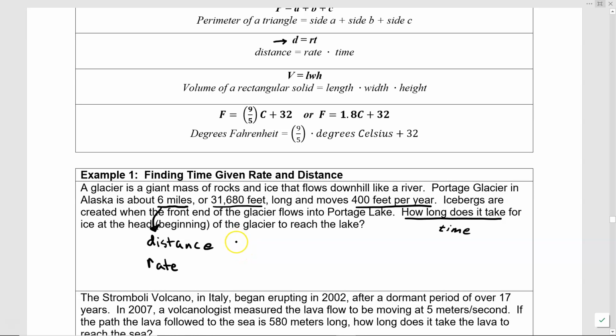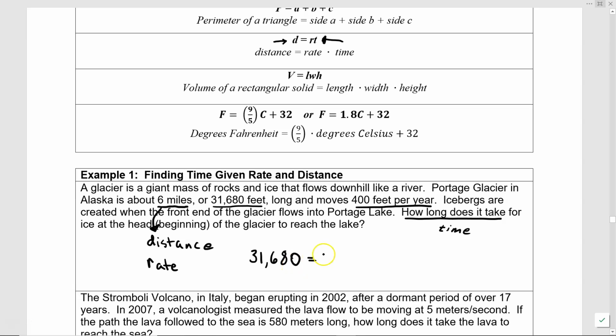So if we look at our words that we've written down, distance, rate, and time, we see that this formula that I kind of hinted at earlier, distance, is going to be the formula that we're going to use. So when we see d equals rt, we know that the distance that we're given, 31,000 feet, is going to be on the left-hand side of our equation.